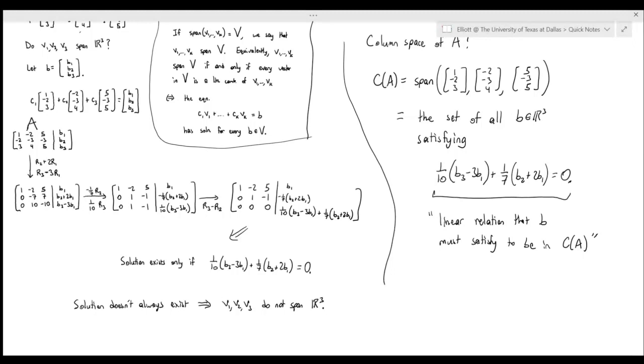Next, I'm going to talk about linear independence a little bit. This is something that we've already talked about before, but now we're going to revisit it. First, let's recall what the definition is.